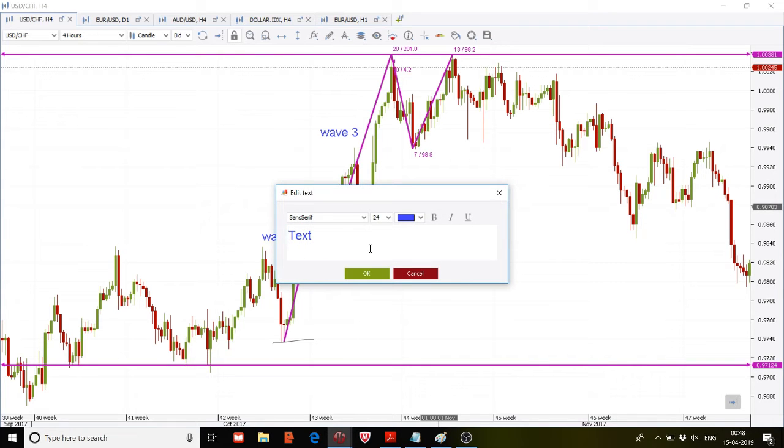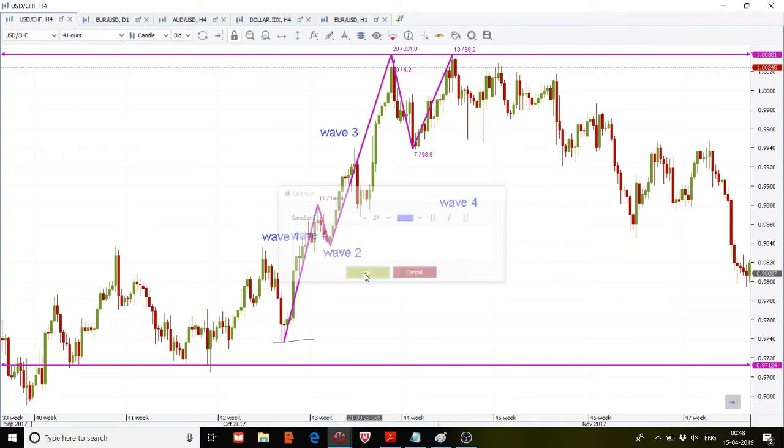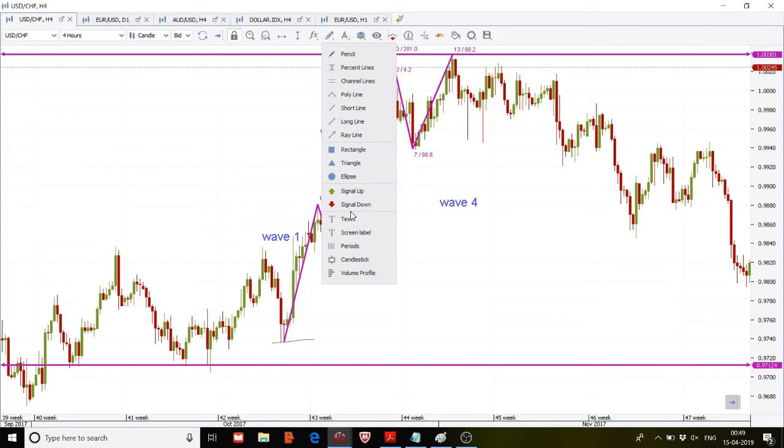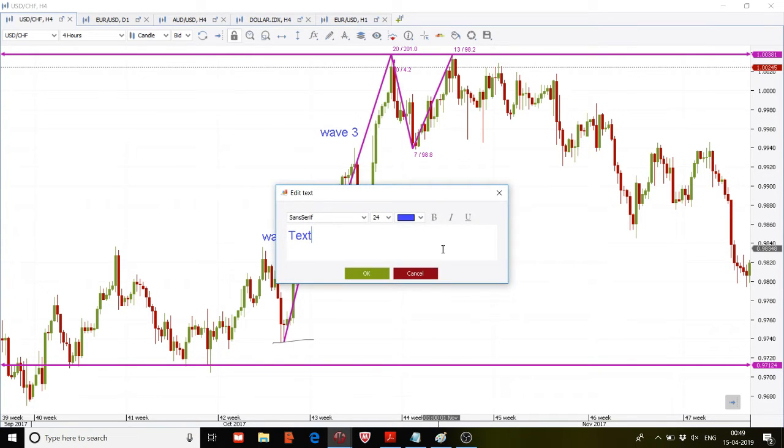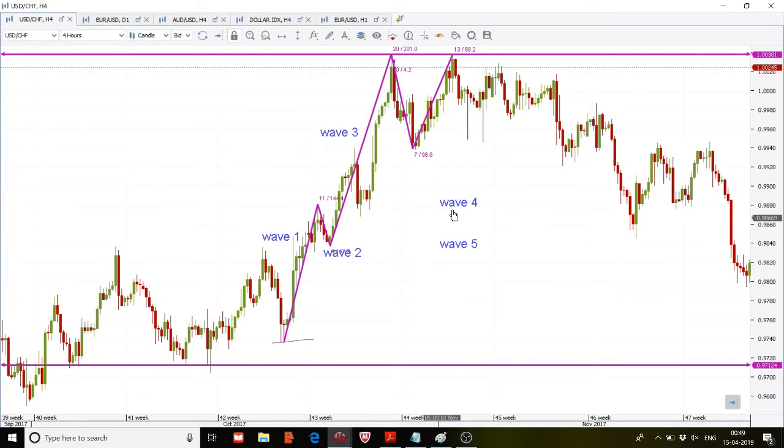Now I will show you entry points. This is the wave 4, and this is the wave 5.